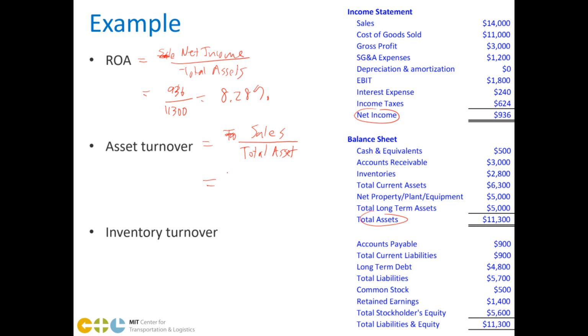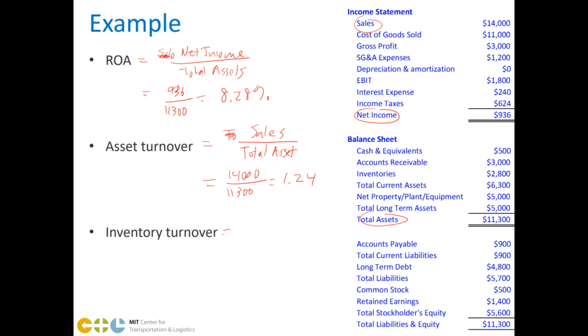So that's going to be equal to 14,000, that's our sales up here at the top, divided by our total assets, which is still 11,300. And if we do the calculation there, that ends up being 1.24. So basically, we created sales a little bit more than equal to our assets each year, 1.24. We turn it over a little bit more than once per year.